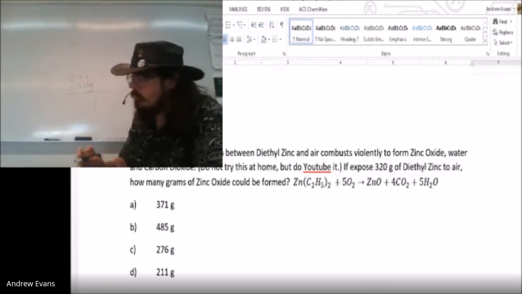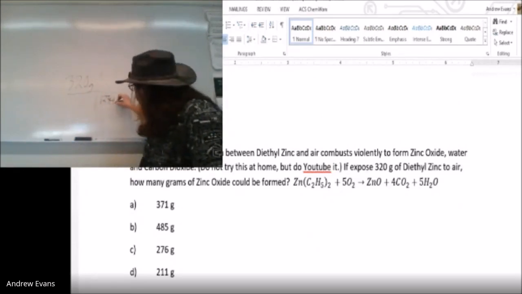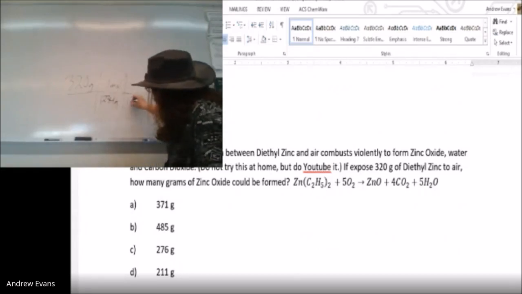So the molar mass of diethyl zinc is 123.4. For every mole of diethyl zinc, we get 1 mole of zinc oxide.